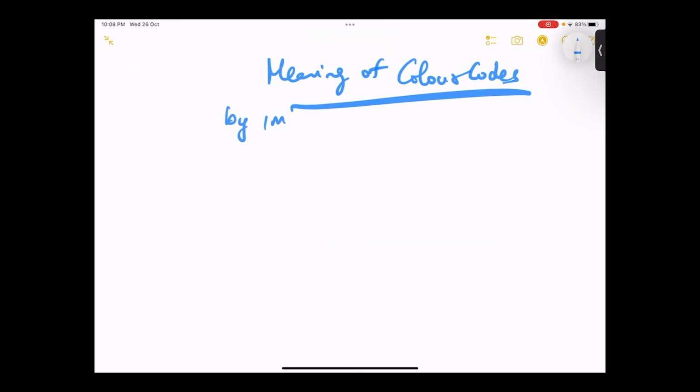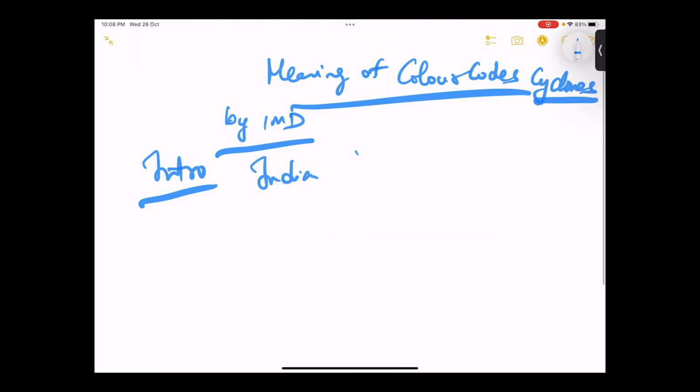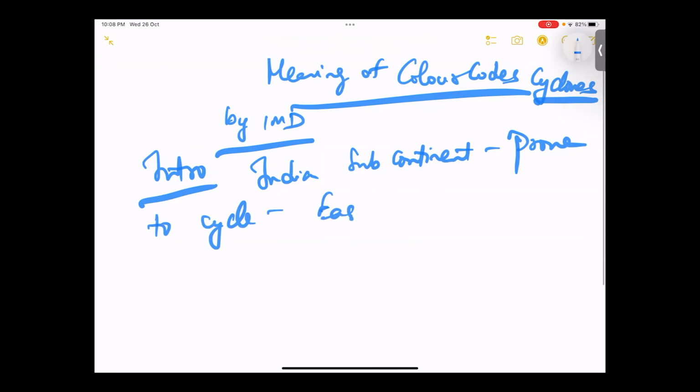Okay. So basically, in the introduction, you can write color codes for cyclones. They are asking you about cyclones, right? So you can say Indian subcontinent is prone to cyclones either in its east coast or in the west coast because of presence of water bodies on 3 sides.